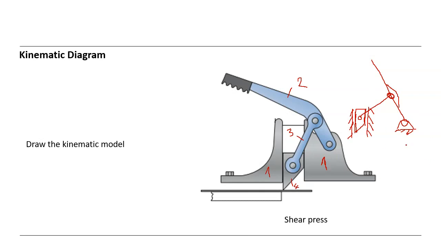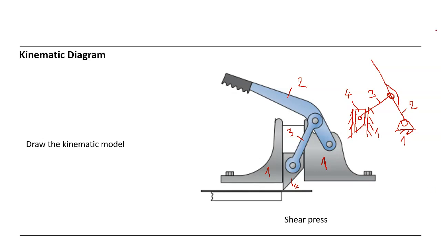So let's give the numbers. The fixed member we always call 1, or we give the number 1 for the fixed member. This is 1 here. This is also 1. And let's say this is 2, and this is 3, and this is 4. So a 4 bar mechanism consists of 4 links.